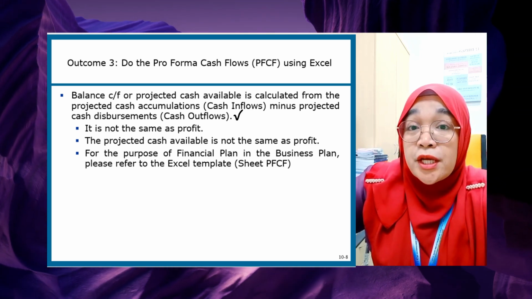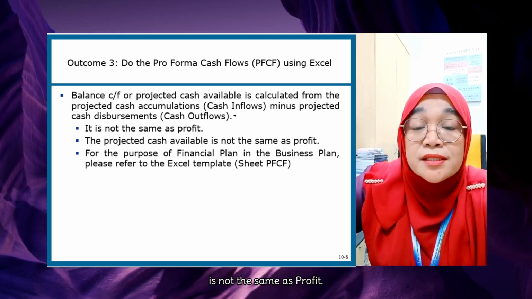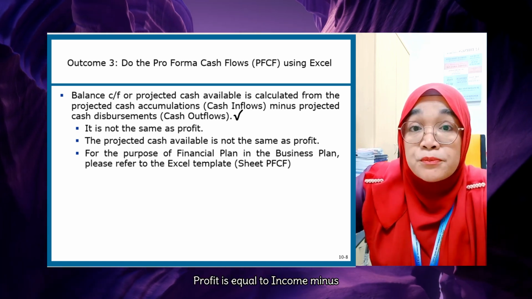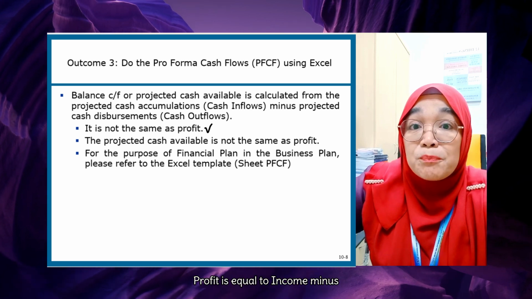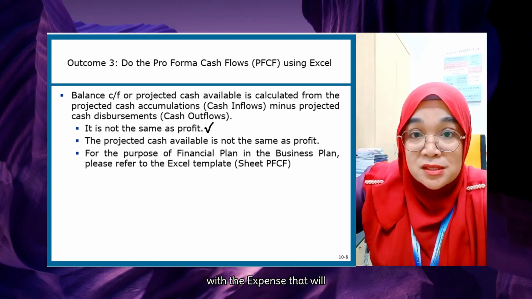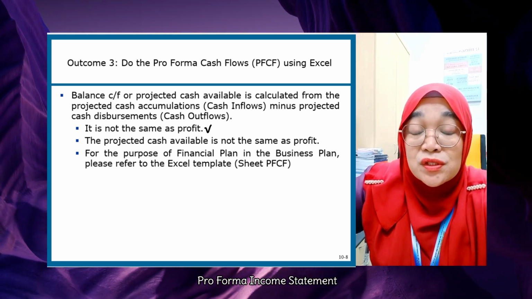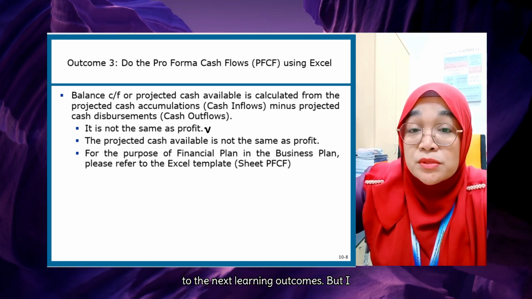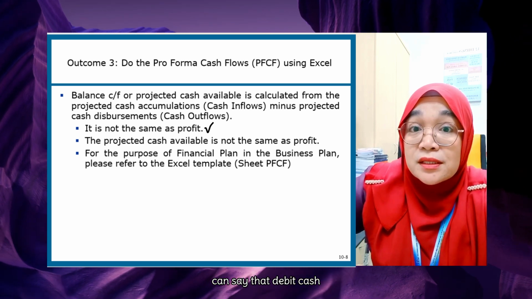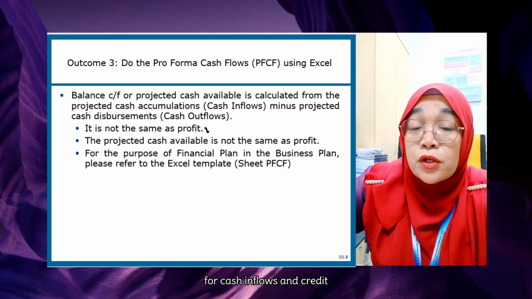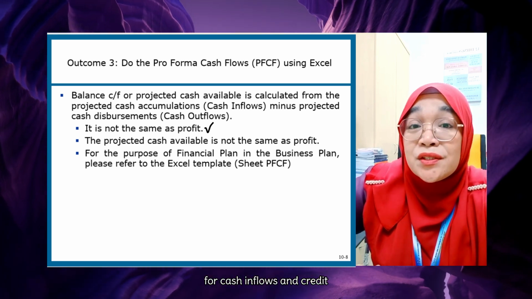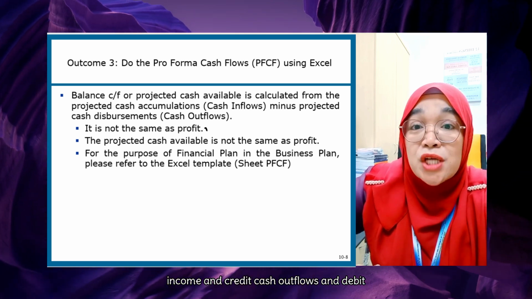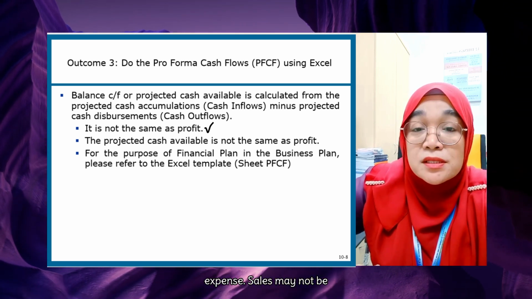The projected cash available is not the same as profit. Profit is equal to income minus the expense that will be recognized in pro forma income statement in the next learning outcomes. But I can say that debit cash for cash inflows and credit income, and credit cash outflows and debit expense.